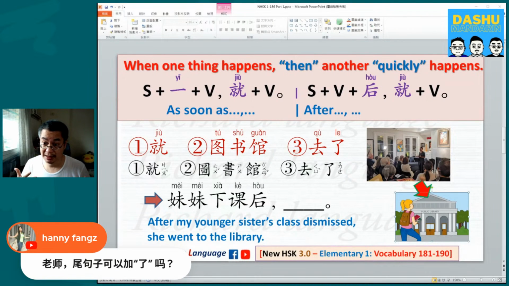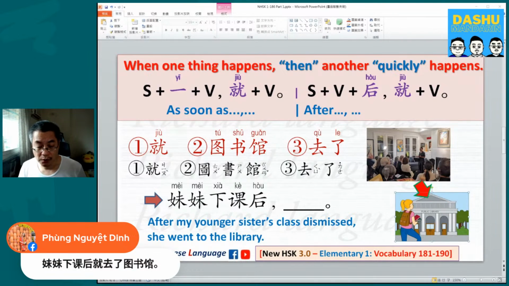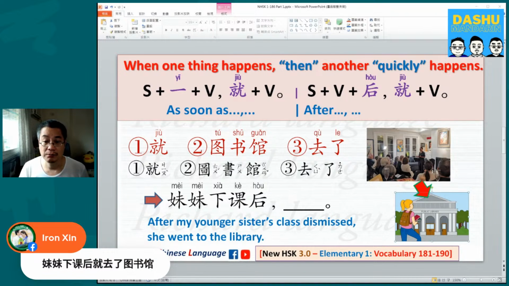If you don't add it, that means you don't want to emphasize it, and that's okay. 妹妹下课后就去了图书馆. The first thing is class dismissed and the other is going to the library. So one thing happens and another quickly happens, and then we can use 就 for it.